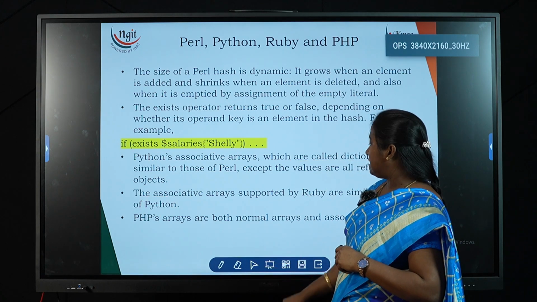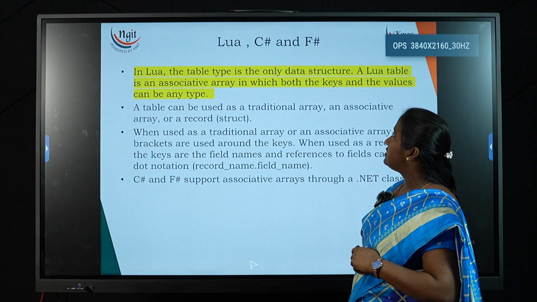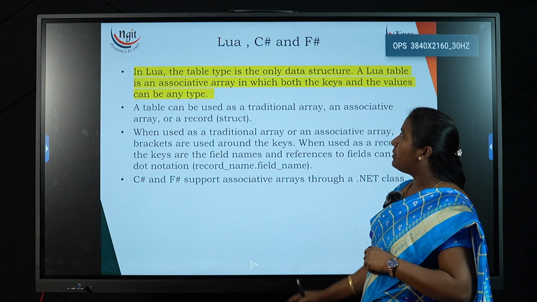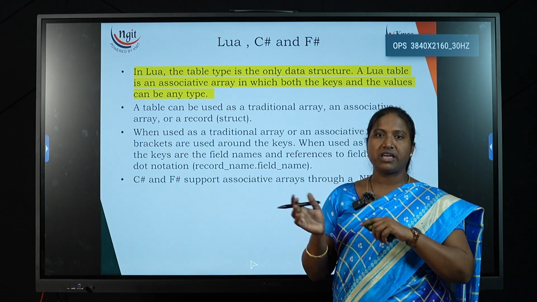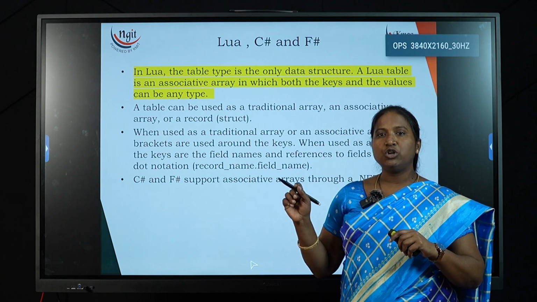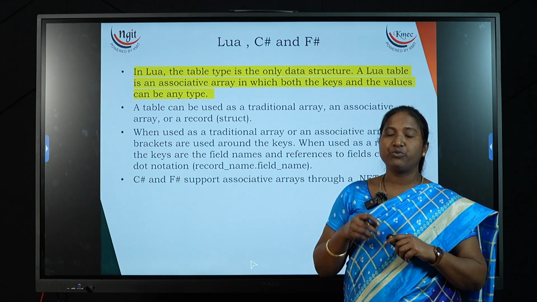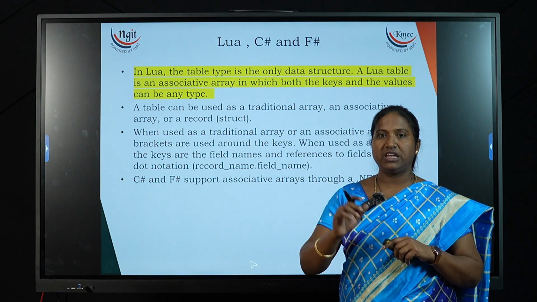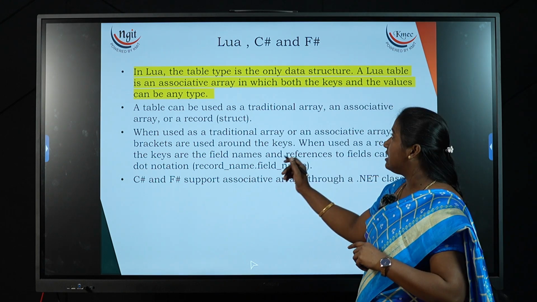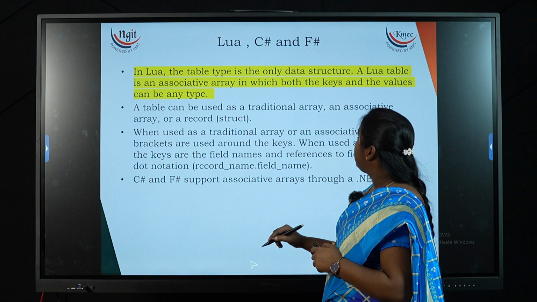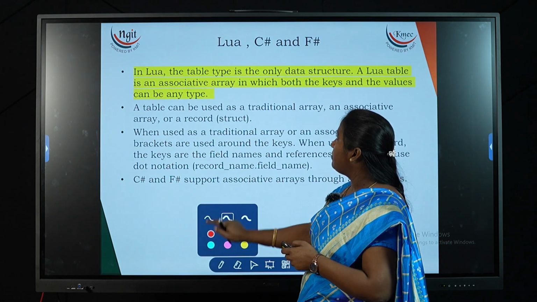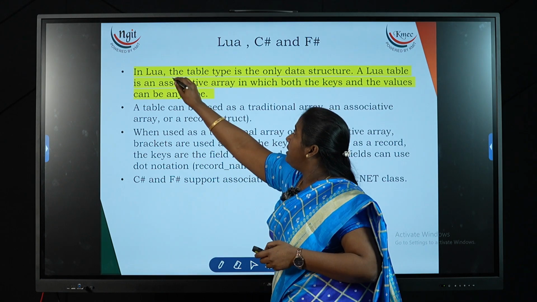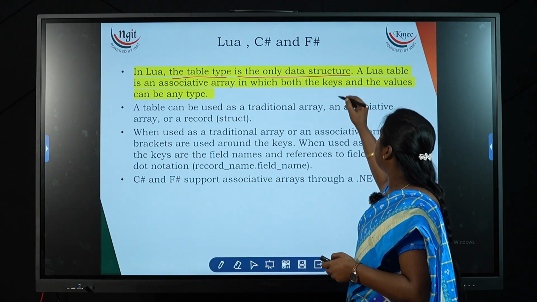And let's see the next one, which is Lua. I told you this is a new programming language. We did not hear about this language in the previous lectures. So Lua is a new programming language which supports associative arrays. How it supports them is with a table type. In Lua, the table type is the only data structure.